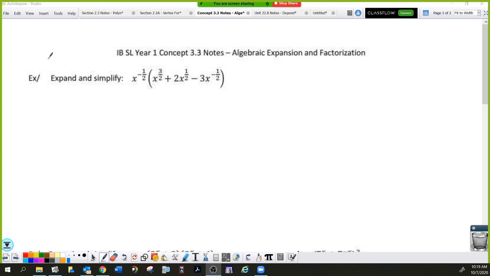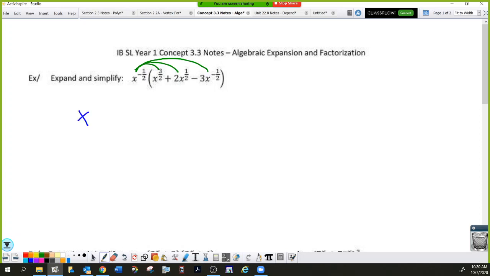This one says to expand and simplify. Expand means to basically FOIL. So we're going to just distribute. You can't even FOIL. You're going to distribute this x to the negative 1/2 to all three of these places. Now I'm not going to skip any work. I'm just going to show you what that looks like.